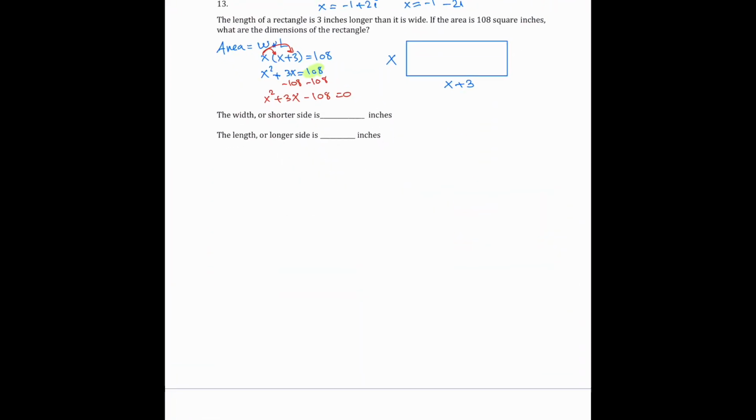I will take the positive because the length cannot be negative. So x is going to be either 9 or negative 12. That is impossible. I will pick 9. So the shorter side is going to be 9, and the longer side is going to be 9 plus 3, which is going to be 12 inches. This is just a coincidence that the other one is negative 12.